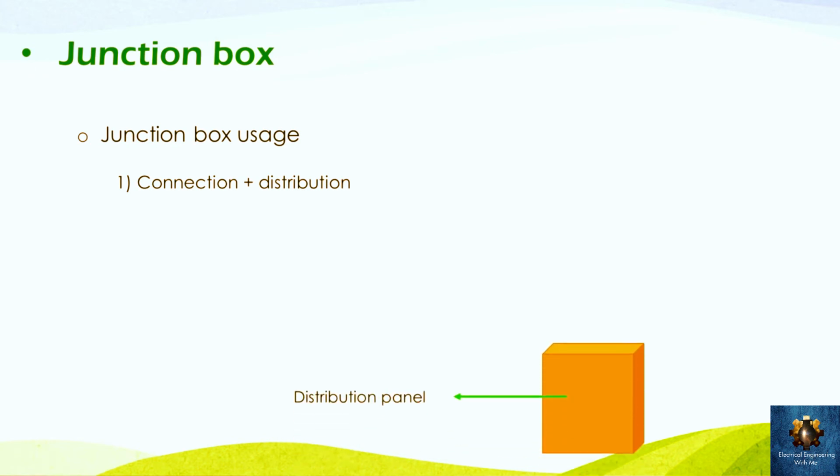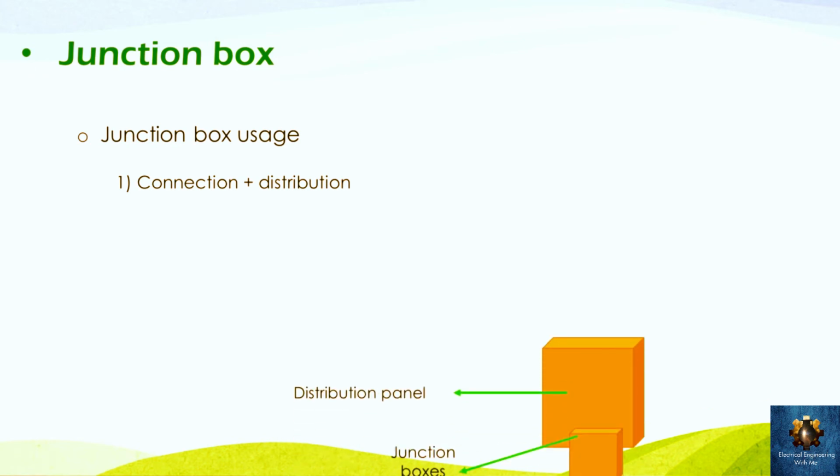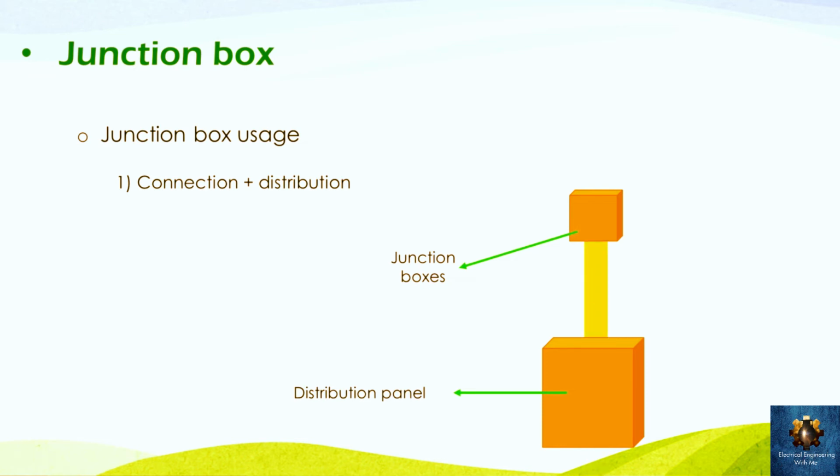For example, if this is a distribution panel and this is the junction box, we will go out of the panel with the main conduit that has all the required wires inside it, and then those wires will enter the junction box. At that point there will be some wires that are connected to one side, and it leaves the junction box to a group of loads through one conduit, so it will feed some kinds of loads through this conduit.